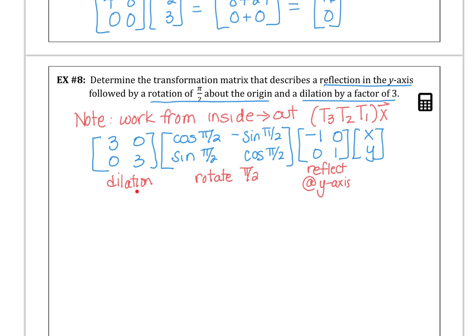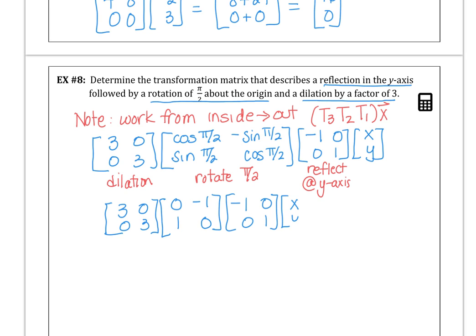So that way we're going in the right order when we work from the inside out. Okay, so dilation [3, 0, 0, 3], rotation [0, -1, 1, 0], and then our [-1, 0, 0, 1] times x, y.